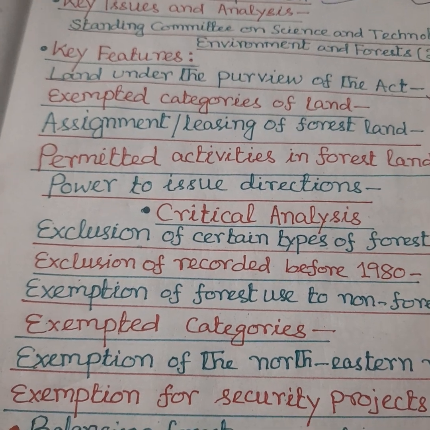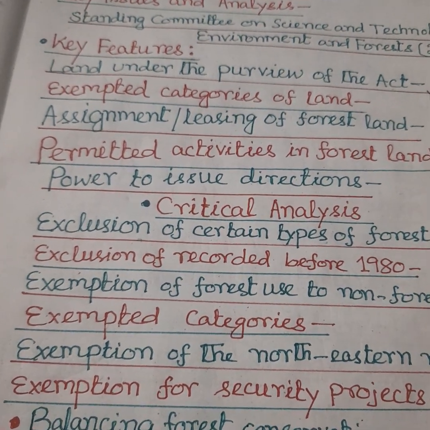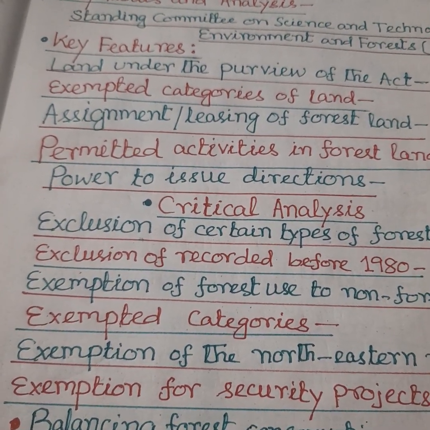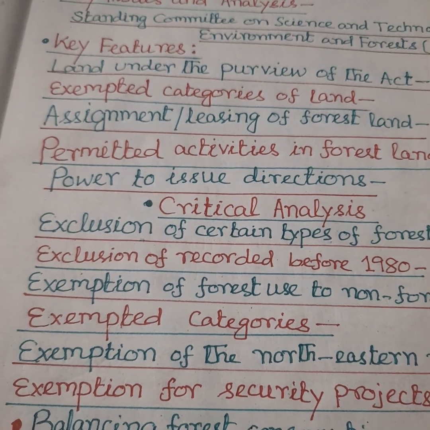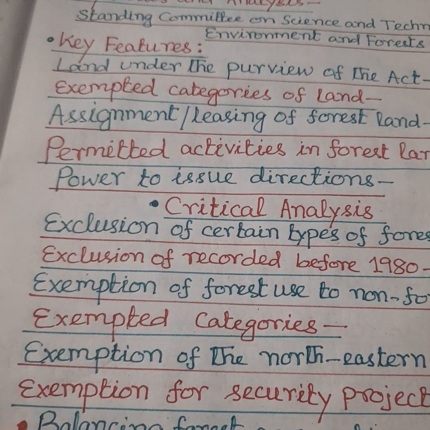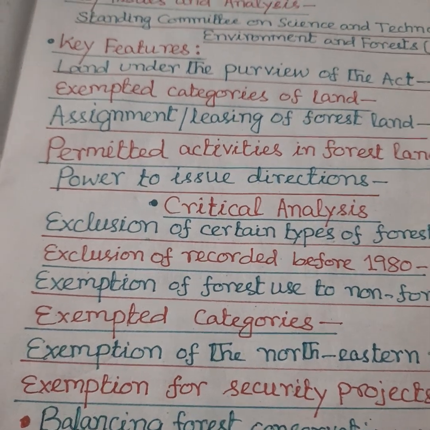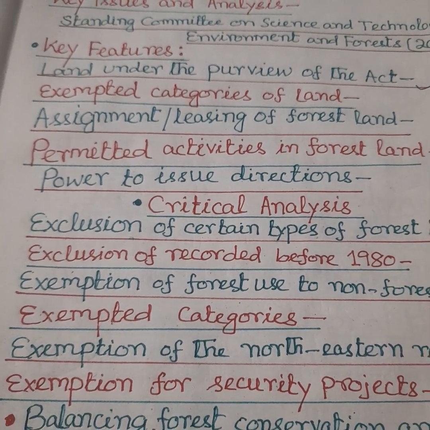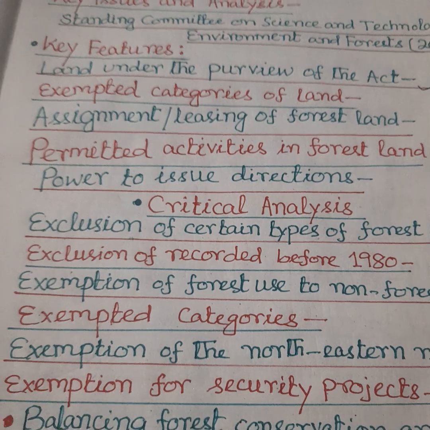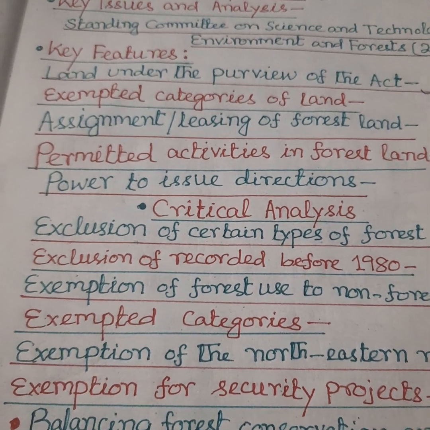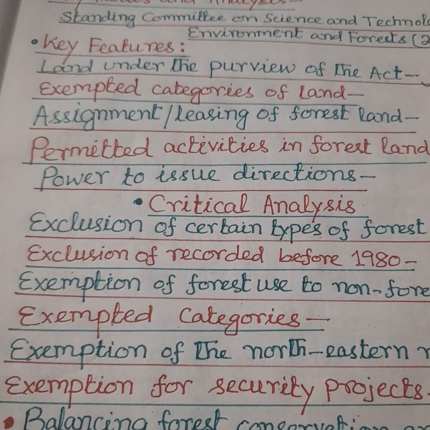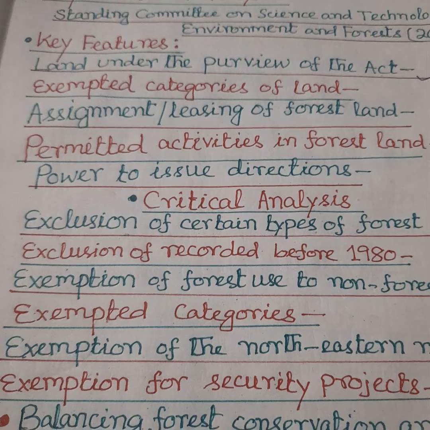This is a significant exclusion because it will potentially exclude 28% of India's forest outside recorded forest areas from the purview of the Act. The land excluded from the purview of the Forest Conservation Act can be easily diverted for commercial use.